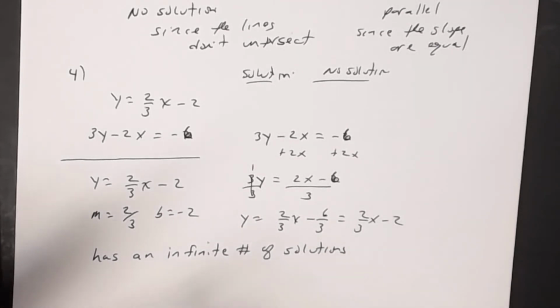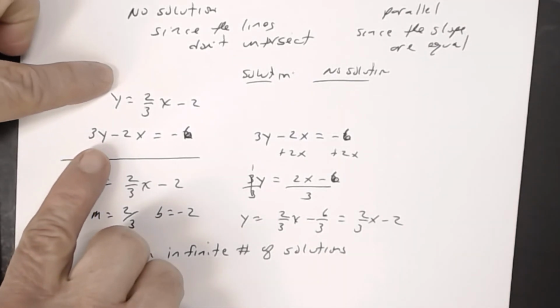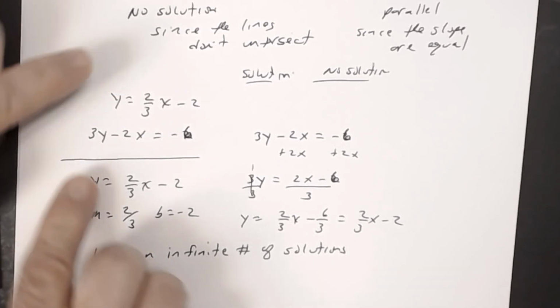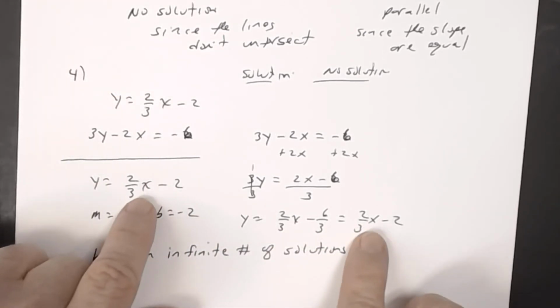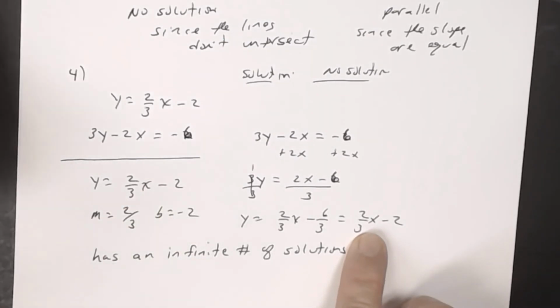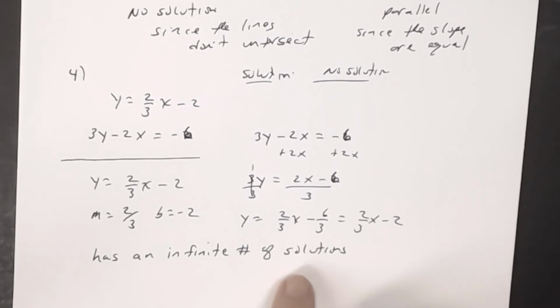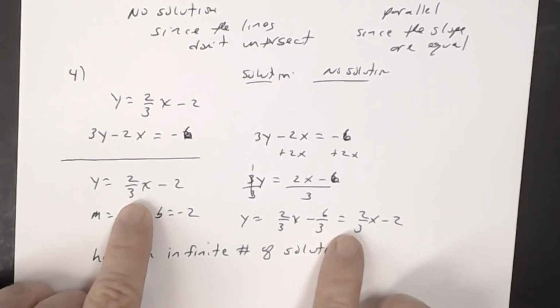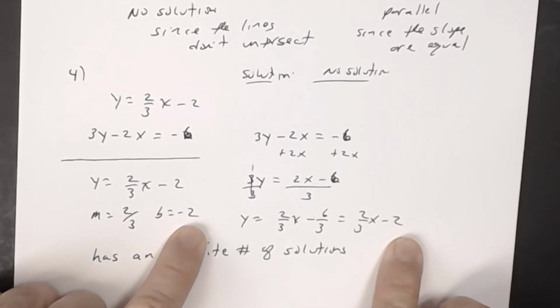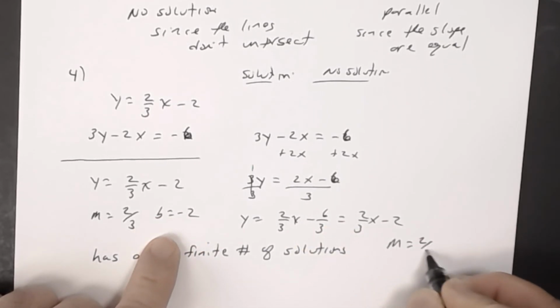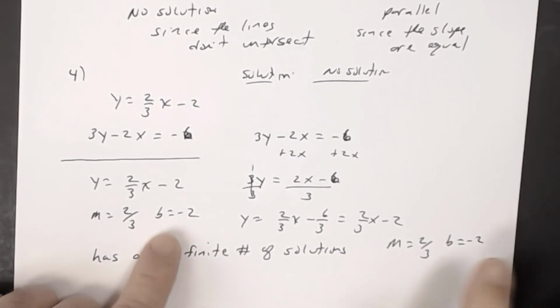So again, we're solving this system, right? So when I graph those two lines, they turn out to be the same line. So they overlap, right? So notice the slopes are the same and the y-intercept is the same. The slope is 2/3, and the y-intercept is -2 for both of those.